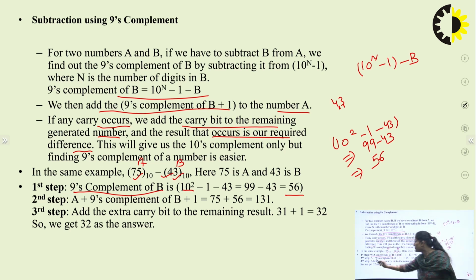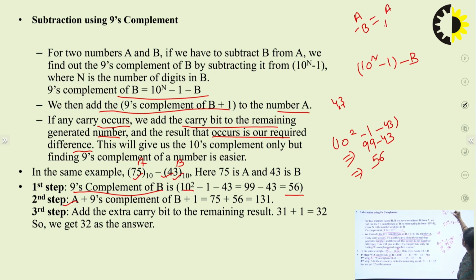The next step, A plus 9's complement, because we want to perform A minus B. So it is equal to A plus 9's complement of B. And here we will get the same result. So what is the value of A here? The value of A here is 75.